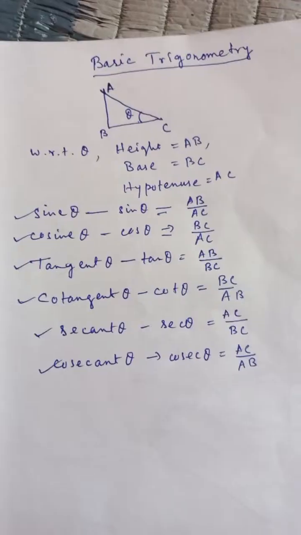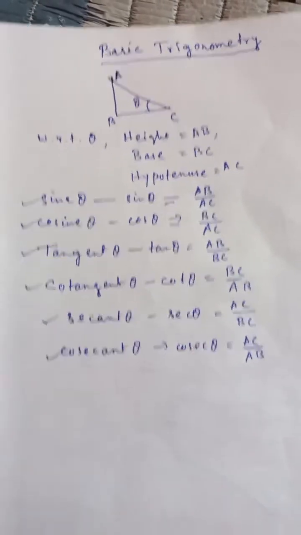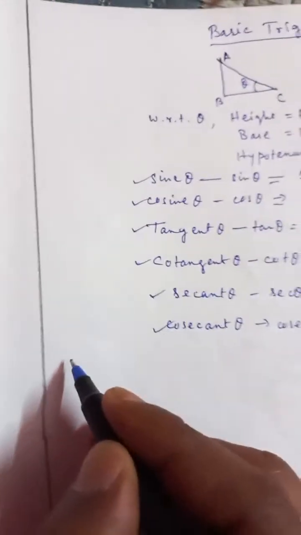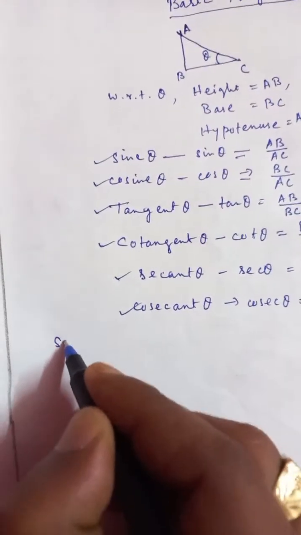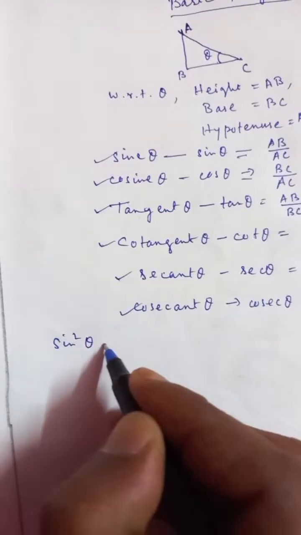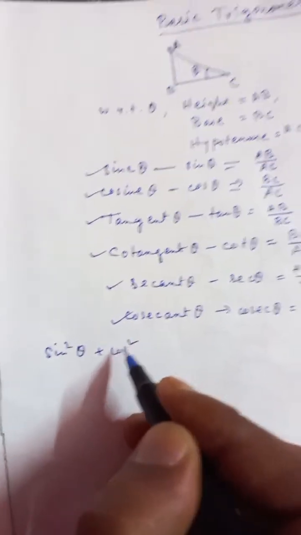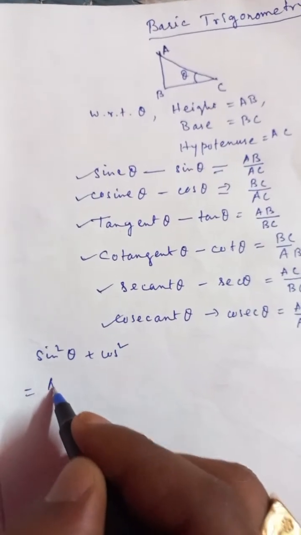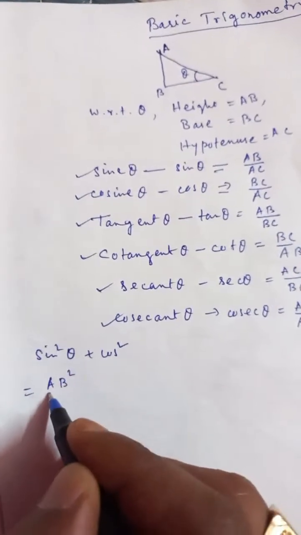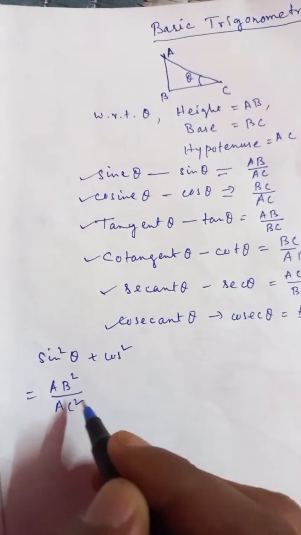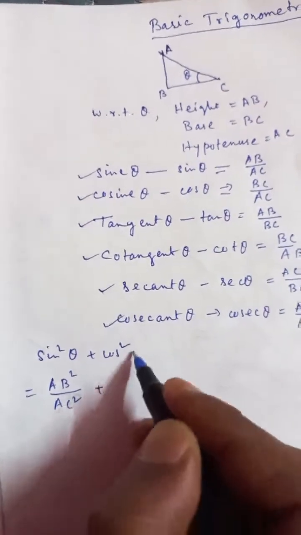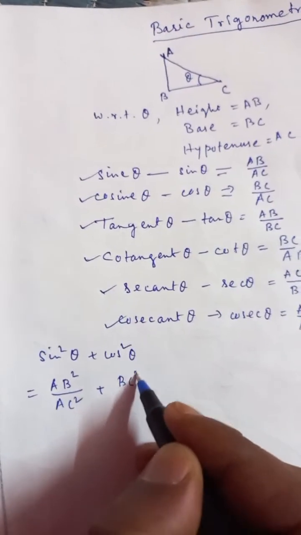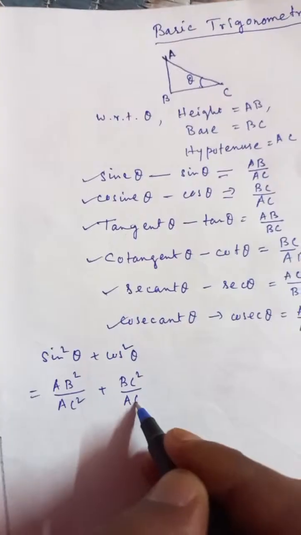So what are the relations between these? Like if we go through sin square theta plus cos square theta. Sin square theta means AB square by AC square, cos square theta is equal to BC square by AC square.